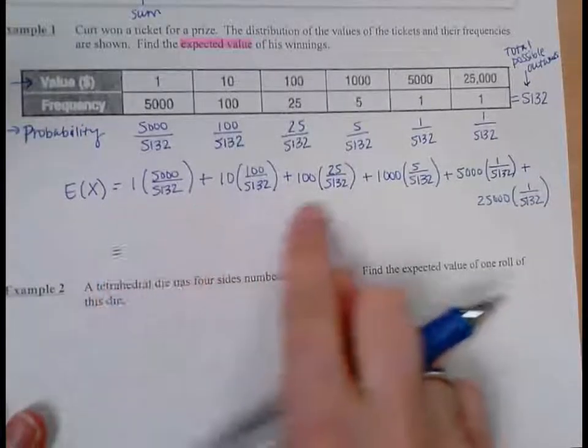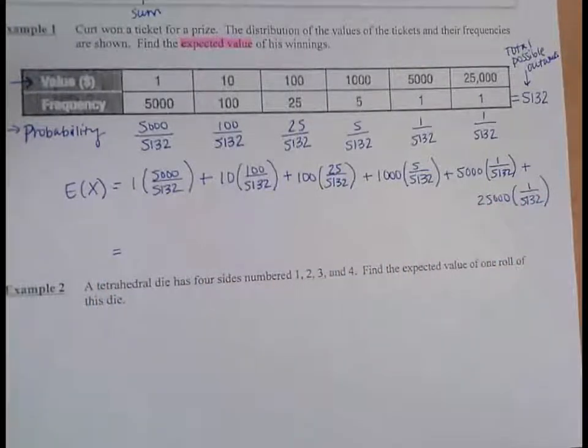And so all of those get multiplied and added together, and then our answer is the expected value.